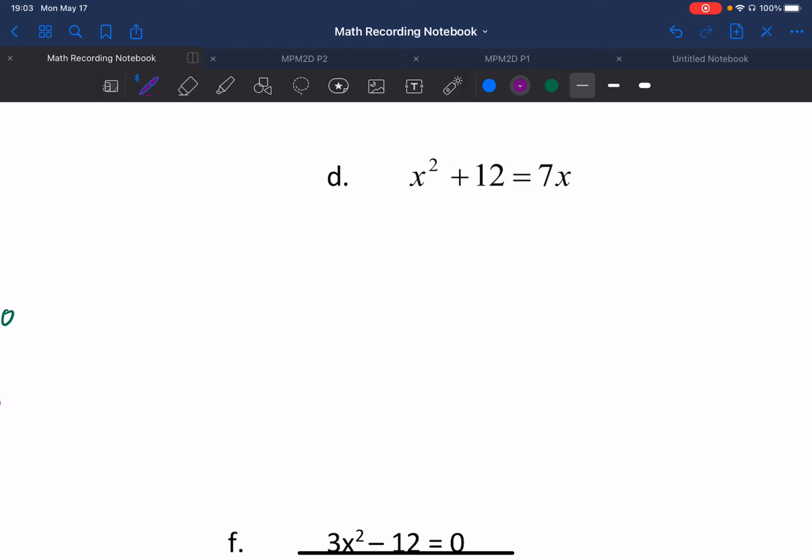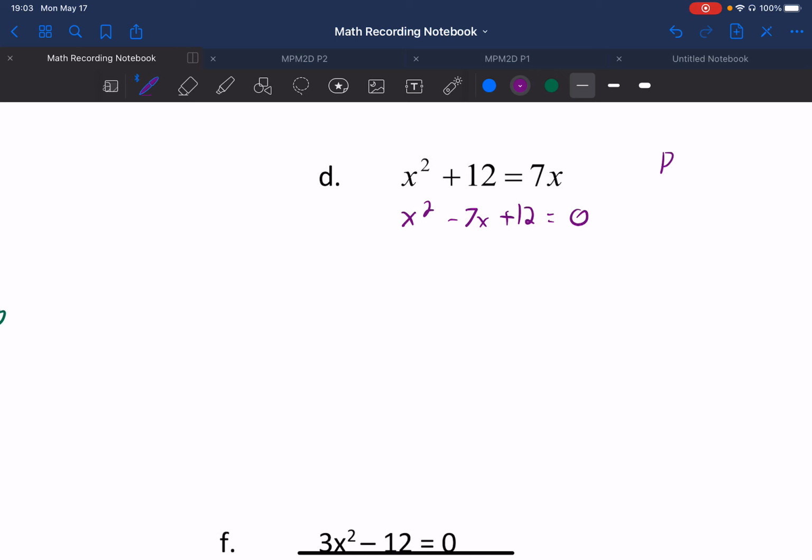What we want to do now, again, we want to make sure that one side's equal to 0. So we need to bring that 7x over to the other side. So what we get is x squared minus 7x plus 12 equals 0. Okay. So this looks like a normal trinomial. We have our product equaling 12 and our sum equaling negative 7.